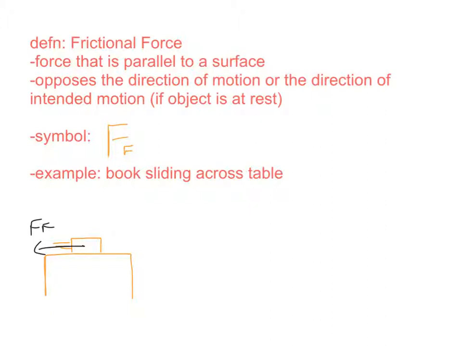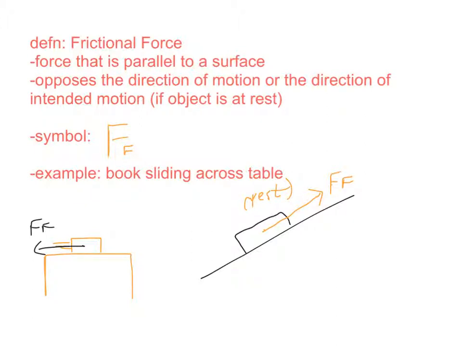If your object is not moving, this is usually going to happen if you're on an angle. So say our surface is on an angle and we've got a book that's not moving on this angle. The book wants to slide down the incline, but let's say this is at rest. The book wants to slide down the incline, but friction is keeping that from happening because it's opposing the direction of intended motion. So if the book wants to slide down, you're going to have a frictional force parallel to the surface sliding up.